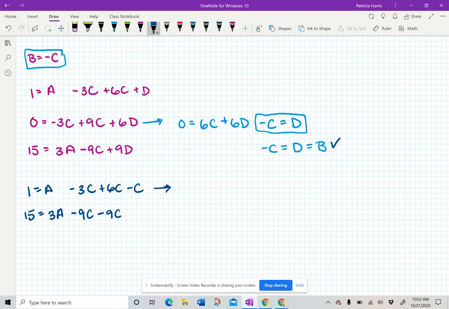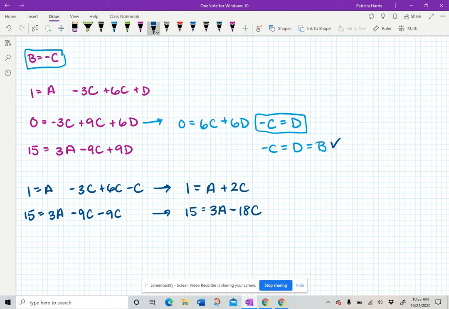So let's see here. We got 1 equals a plus 2c. That's not bad. That doesn't look bad at all. And then 15, 3a minus 18c.